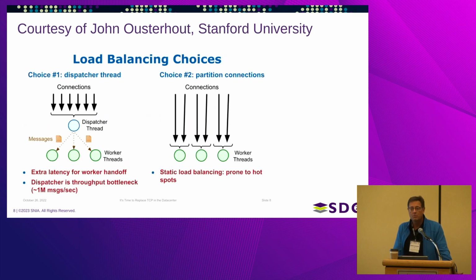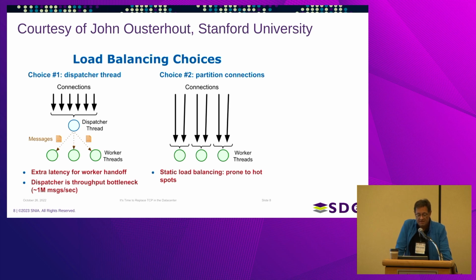So what do we do? We basically see two approaches. Choice number one is you have a dispatcher thread, right? You receive the one stream and you dispatch the stream with individual messages to these worker threads. And that basically has a downside.